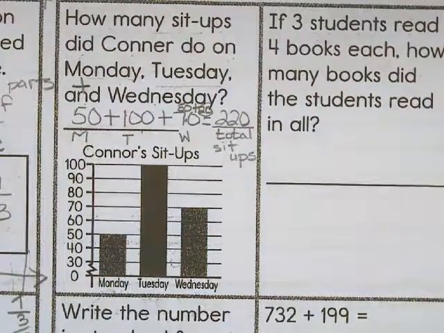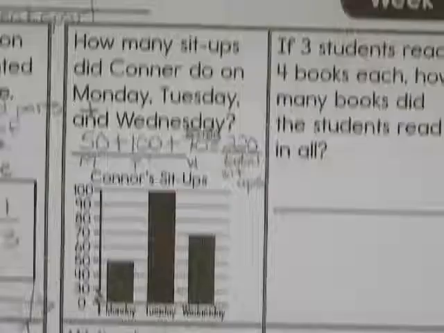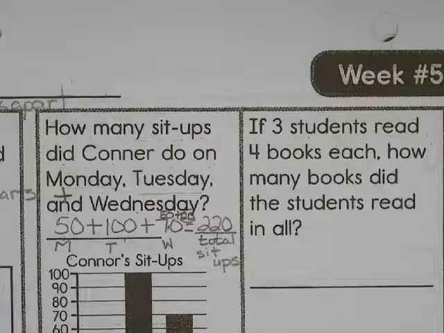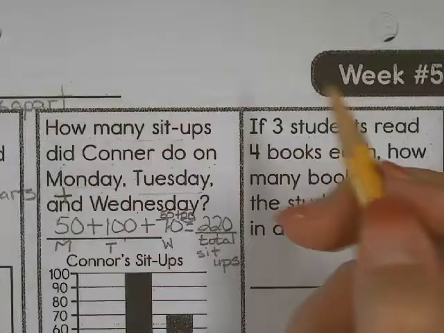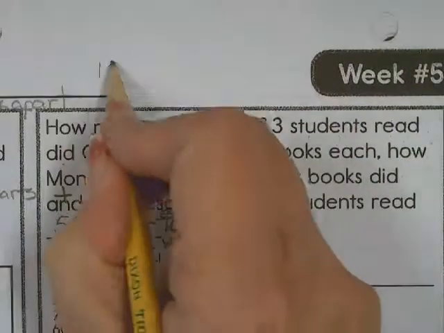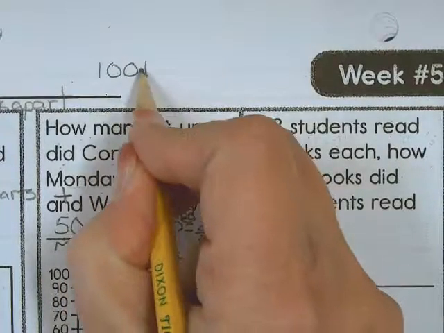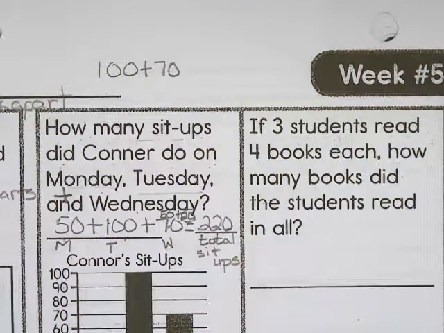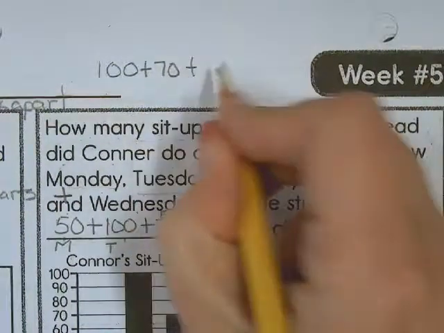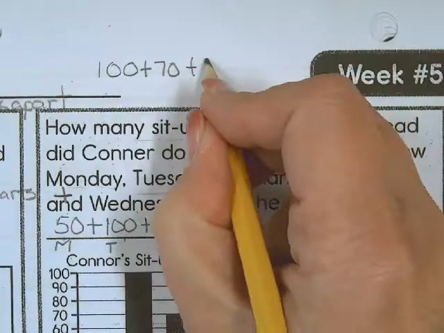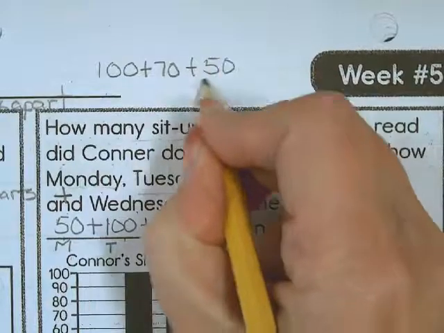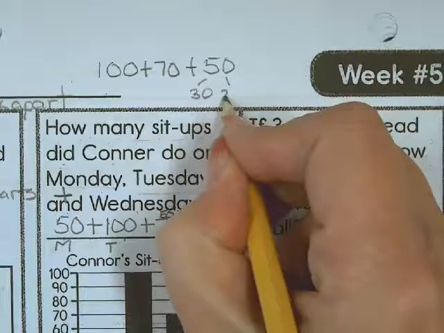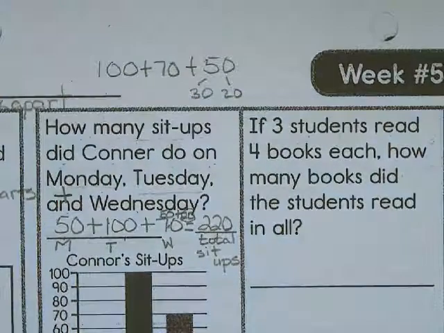Now, another strategy one of the students brought up in my other group was they decided that they were going to take 100 and add the 70 first in their head. And then they took the 50 apart as 30 and 20. And why did they do that?